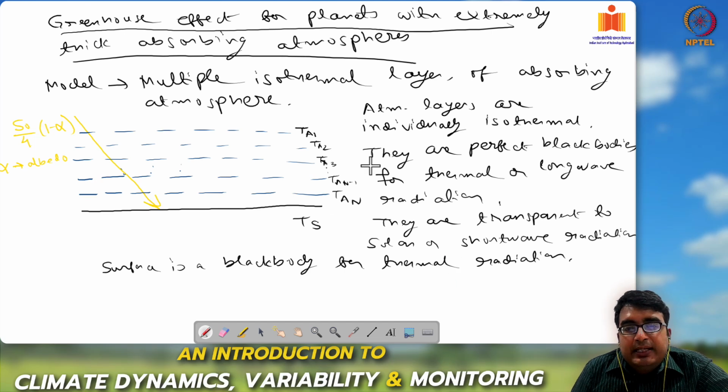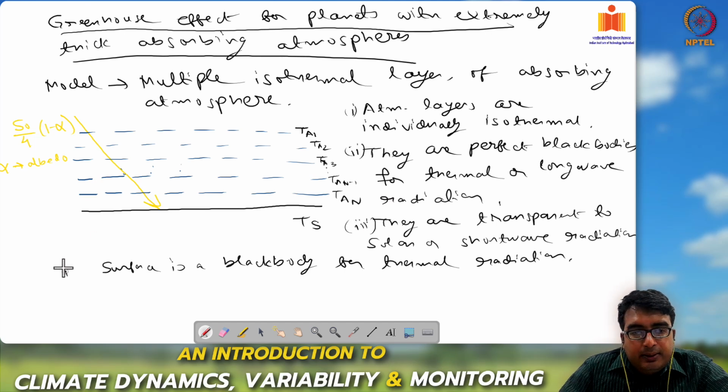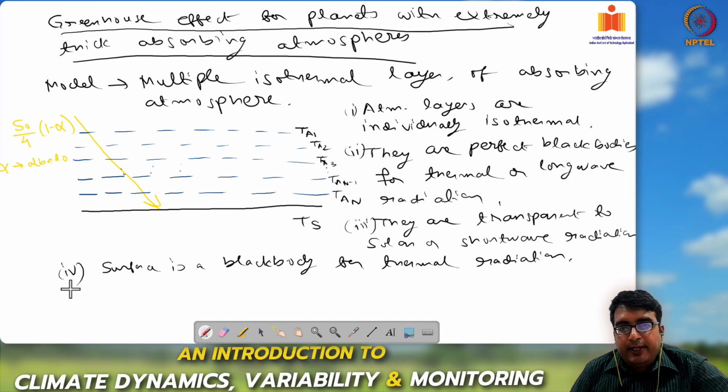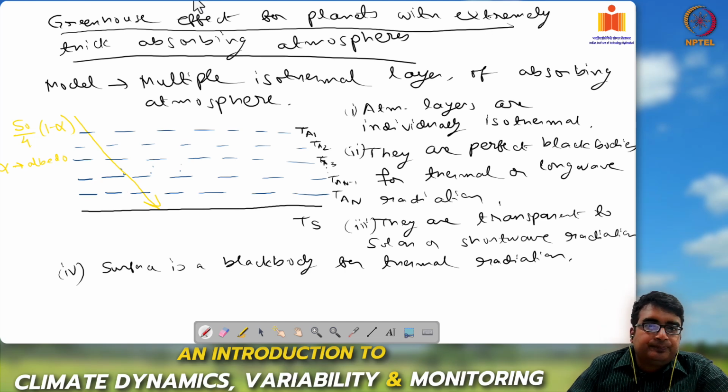Okay, so these are the assumptions. So this is assumption 1, this is assumption 2, this is assumption 3, this is assumption 4. Fine. Let us now do the energy balance for each of these cases and continue.